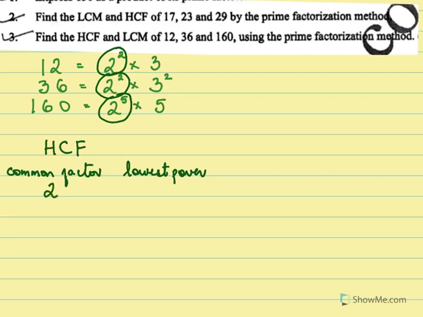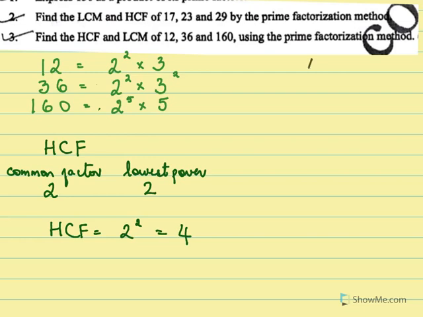And the lowest power of 2 you see is 2. There's 2 raised to 2 in this, 2 raised to 2 here, 2 raised to 2 here, and 2 raised to 5. Lowest power is 2. So HCF is 2 raised to 2, which is 4.